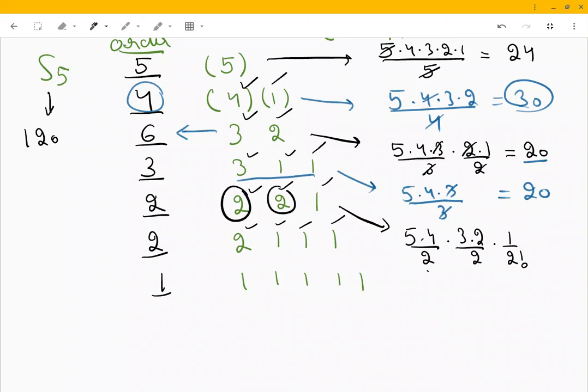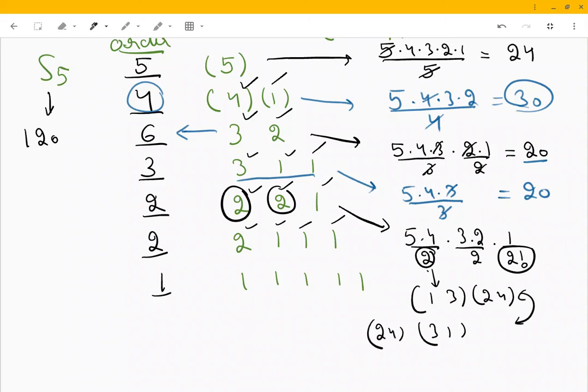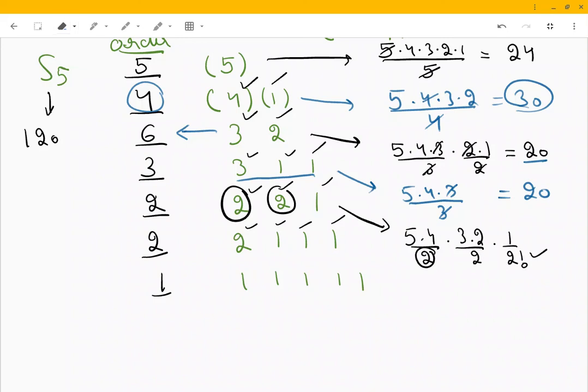This 2 is to remove the permutation inside the bracket, like 1 3 and 3 1. And this 2 factorial is to remove this 1 3 2 4 6, because these are counted separately. I have explained it quite enough. If you're not getting it, just go through permutations once and it will be much clearer.